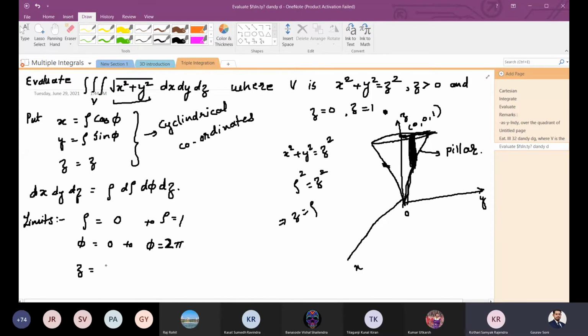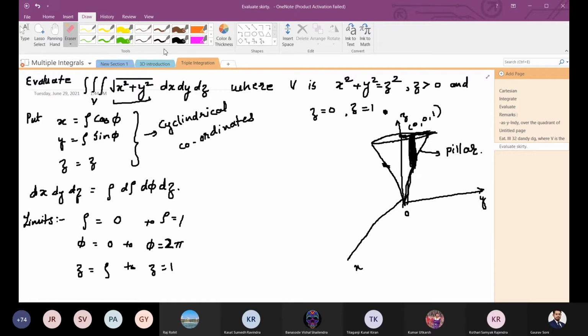From the cone, the value of z is rho, to z equal to 1. I hope this is clear now. Fine. So I'll put these values in the integration and we will solve.